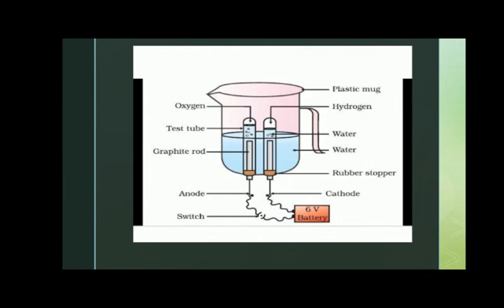And you can see how bubbling is taking place and the gases are evolving. In one test tube you can see hydrogen gas will collect, and in another test tube collection of oxygen gas takes place.